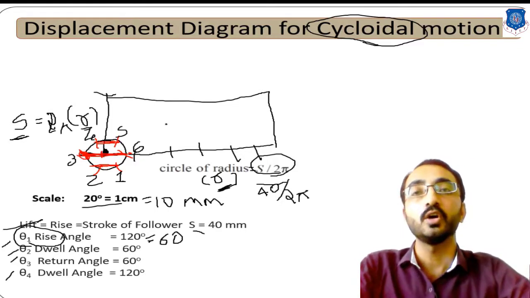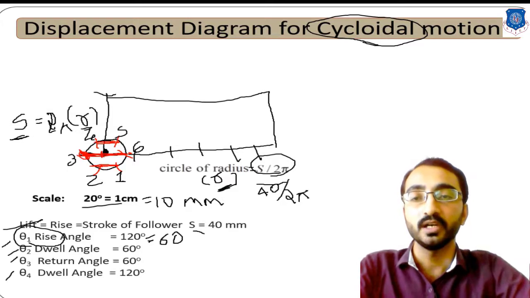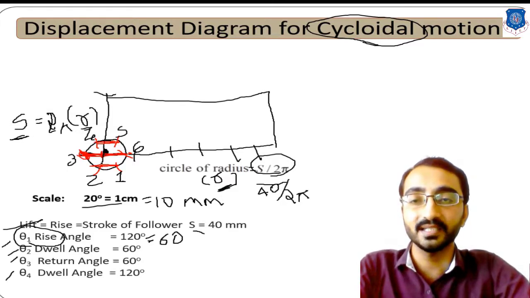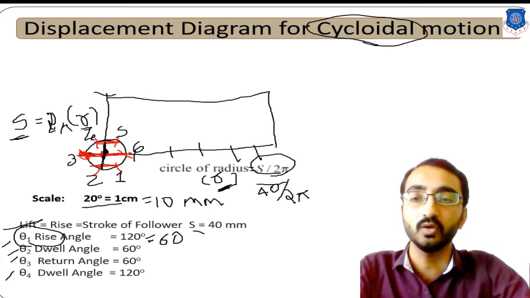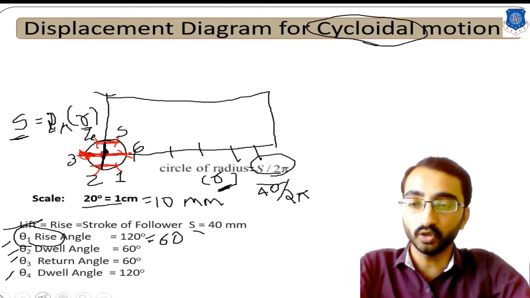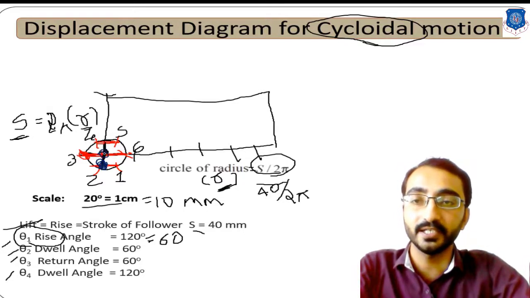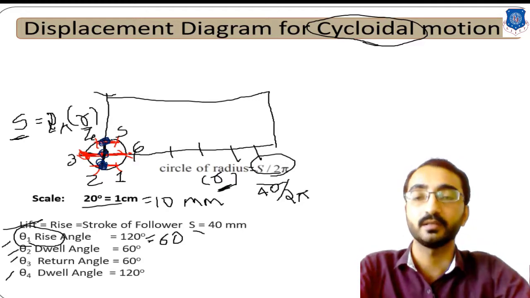Now to draw this cycloidal motion you need to simply extend this vertical line of your stroke length. This vertical line and this horizontal line will both intersect at intermediate points, and they will give you the contact points, sorry, intersection points.